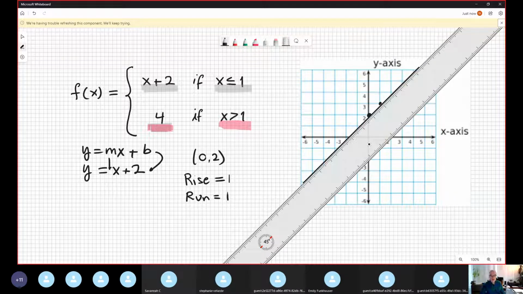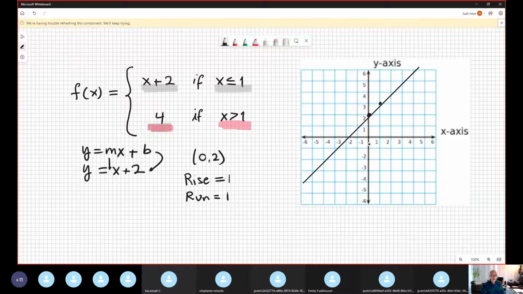Now the graph of the second piece, because we have two pieces, is you take the second piece, which is this, y equal 4. Oh, it's a constant function. And a constant function represents a horizontal line.